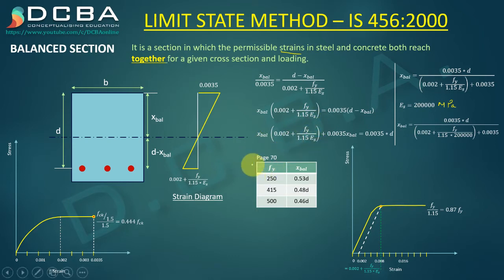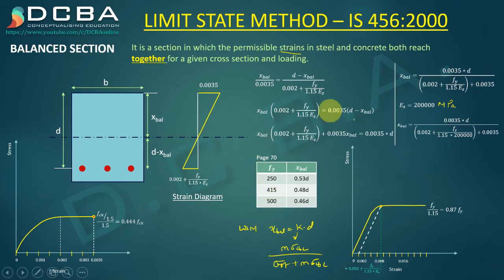As compared with working stress method, in working stress method the balanced neutral axis was dependent on both materials, concrete and steel, right? X balance for WSM was K into D, where K was m sigma CBC divided by sigma ST plus m sigma CBC. So sigma CBC is concrete, sigma ST is steel.